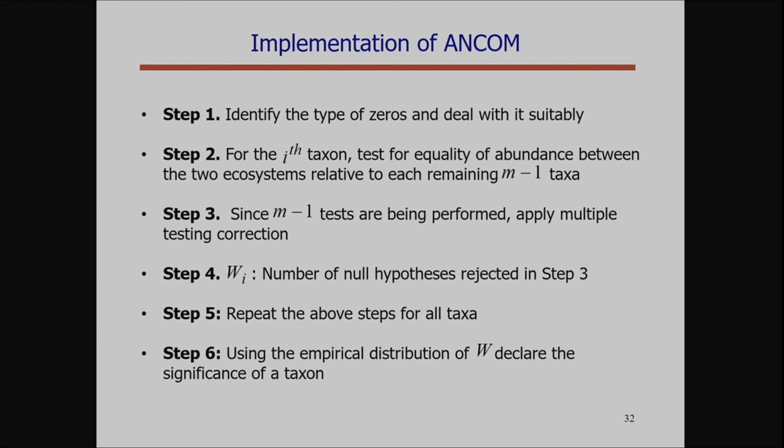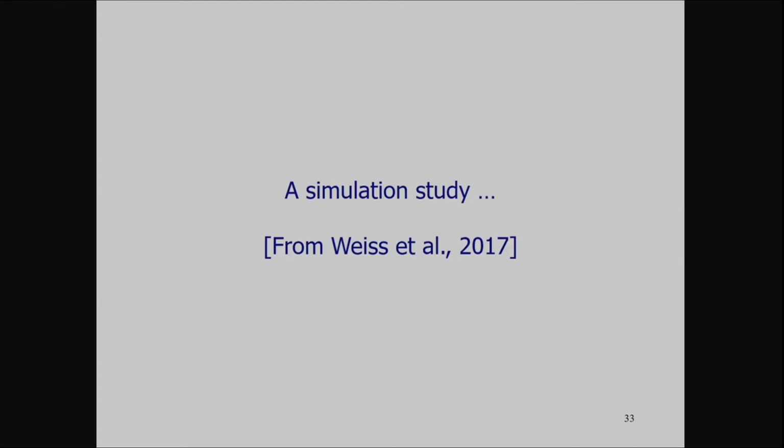So that's the basic procedure, and once you have the procedure, then we studied the simulations. We did a variety of simulations in a variety of contexts. I'm going to present one of the simulation studies. Sophie Weiss conducted an enormous simulation study with a lot of different patterns and conditions.